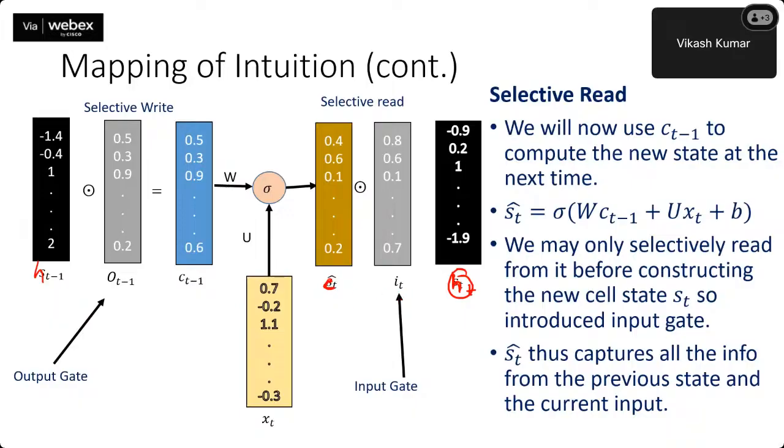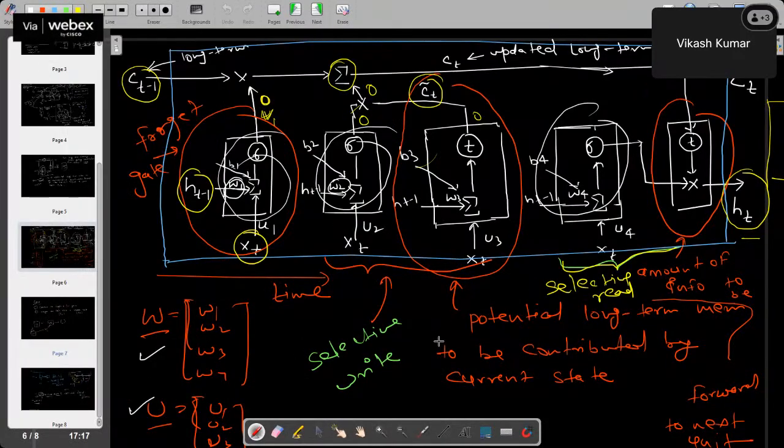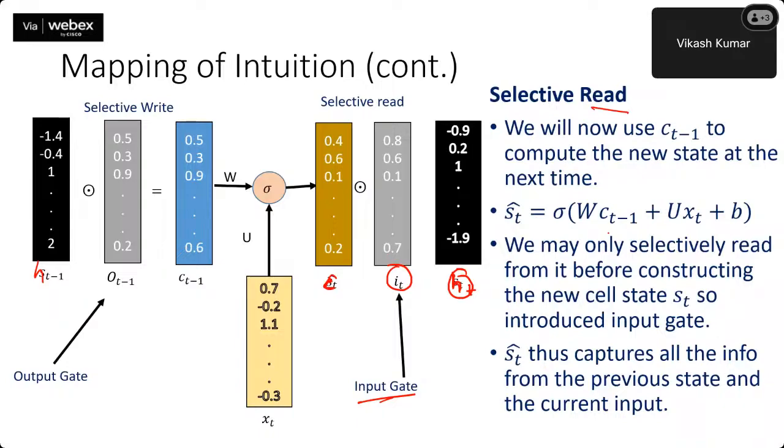If you compare this read operation, the input gate you can formulate accordingly. We have the input gate. You can take this input gate in the expression here, or you can formulate it accordingly. Just think of how we can parameterize this part.